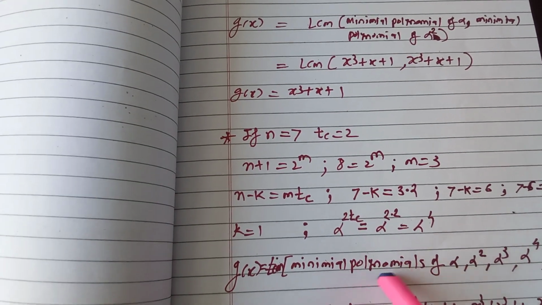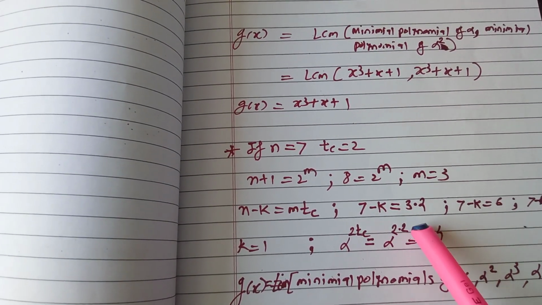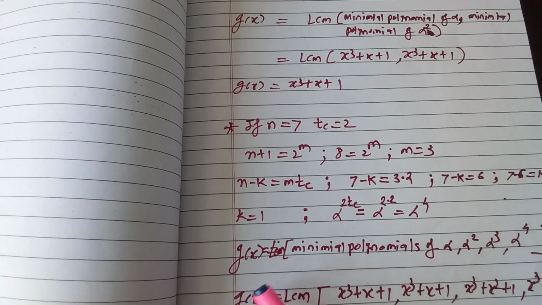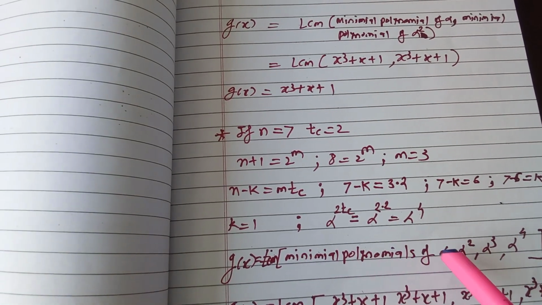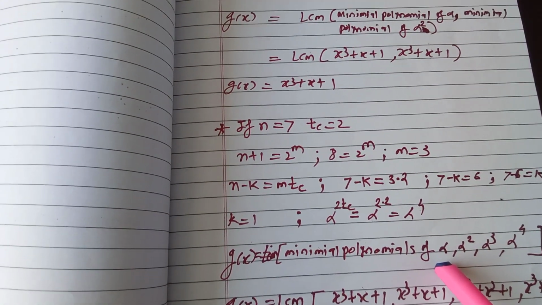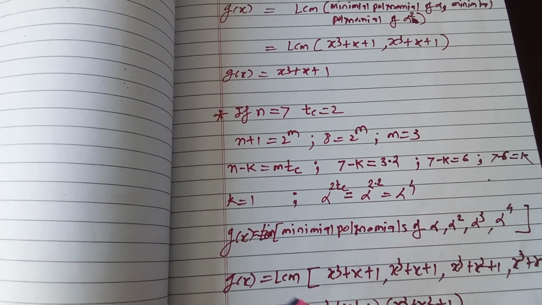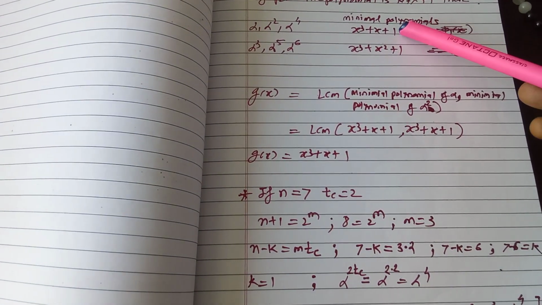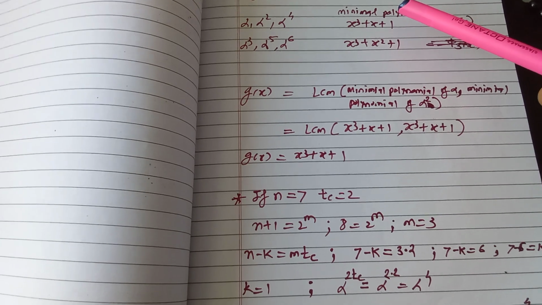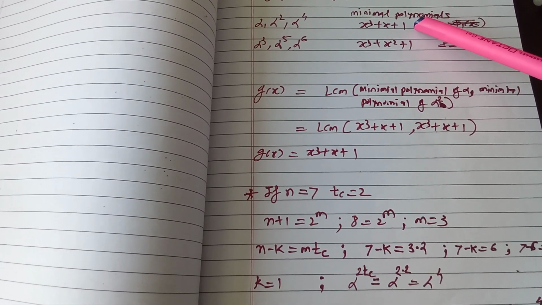Now alpha to the power 2tc you have to find. Alpha to the 2tc is alpha to the 2 into 2, that is alpha 4. So the LCM of the minimal polynomials of alpha, you have to go up to 4: alpha square, alpha cube, alpha raised to 4. So what is the minimal polynomial of alpha? That is x cube plus x plus 1. The minimal polynomial of alpha square? x cube plus x plus 1.